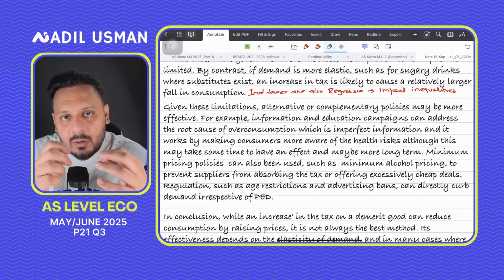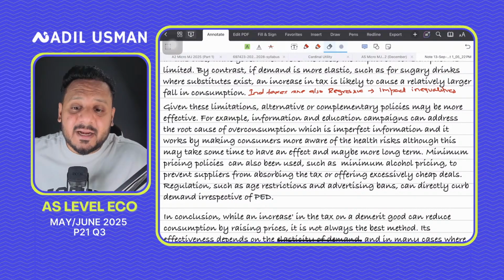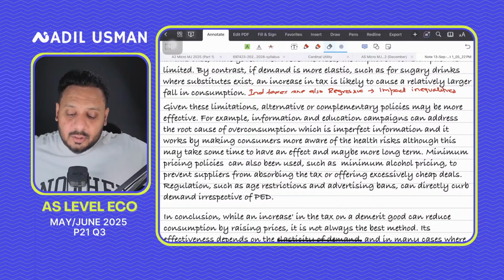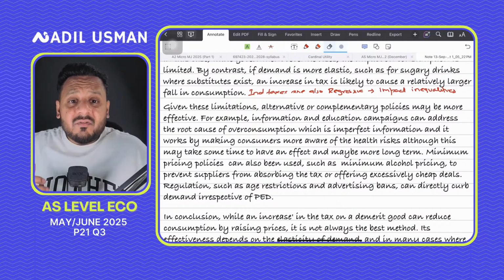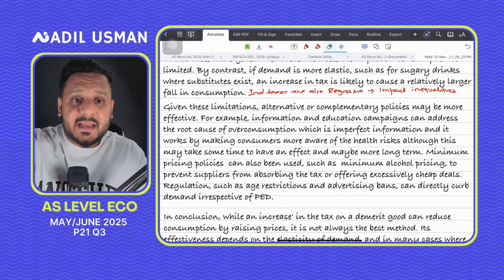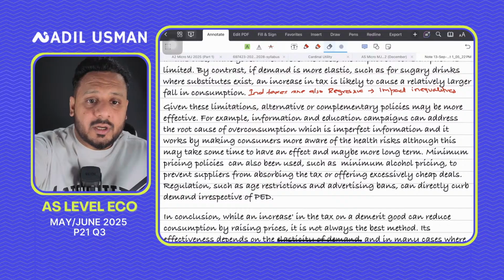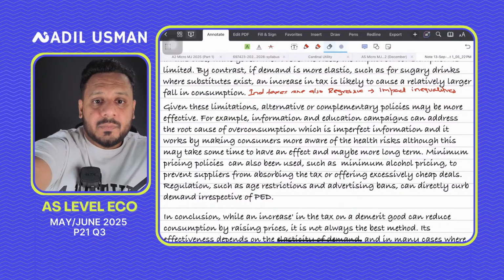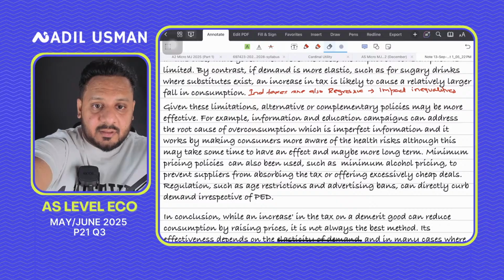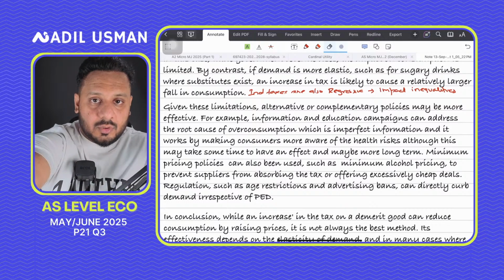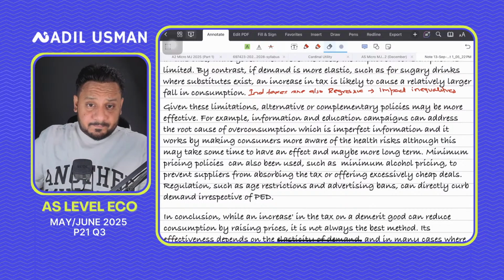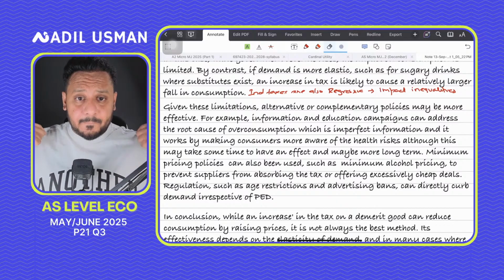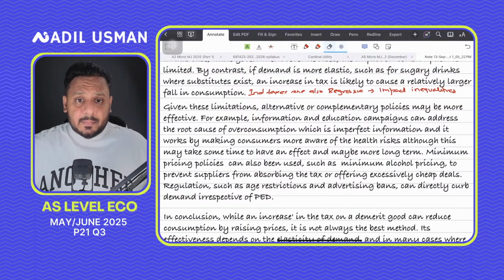But also mention how that is going to impact. Also mention how that is going to address the problem which probably the indirect tax is not addressing. So how will it address the problem which indirect tax is not addressing? Okay, got it? This is what you have to do.